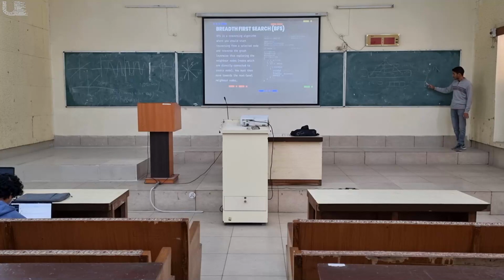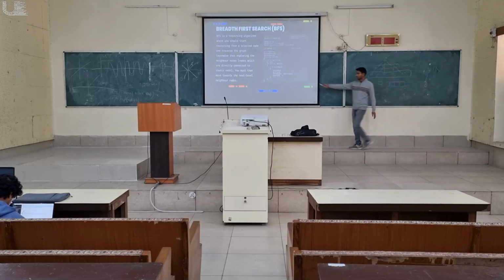Now I am asking that a node m is connected to n which has not been already visited. So what will be the shortest distance of m from the root node? Not n, root node. X plus 1. That is what we did.